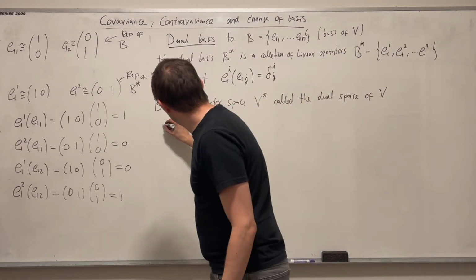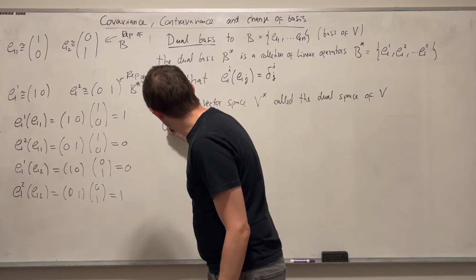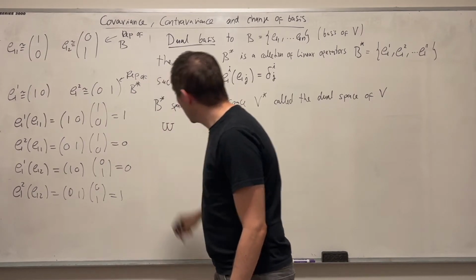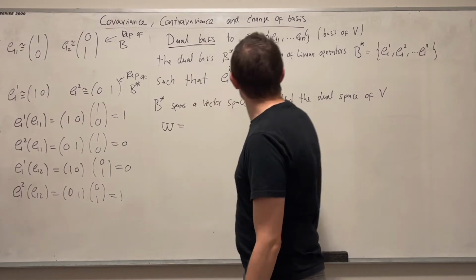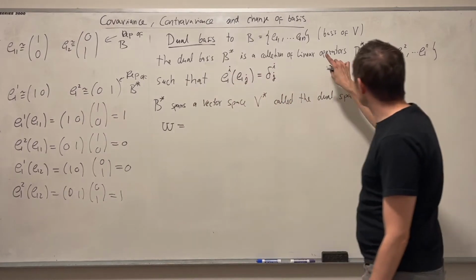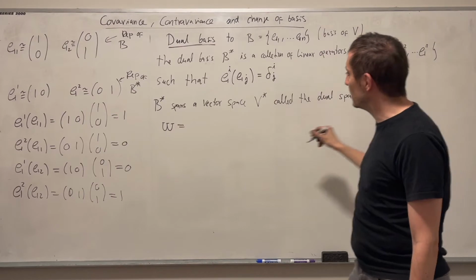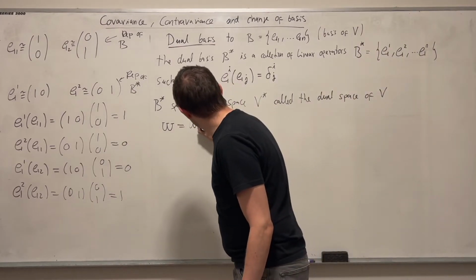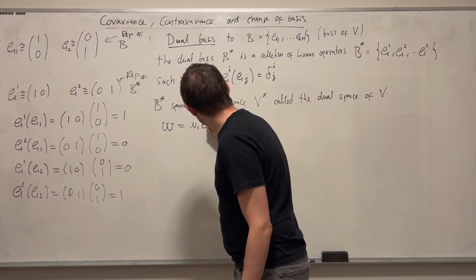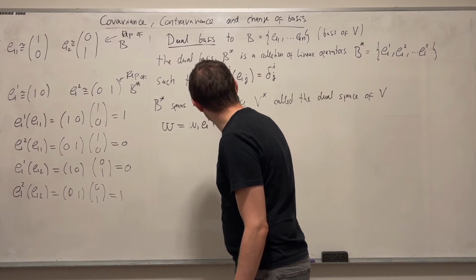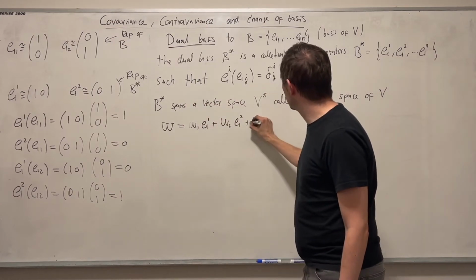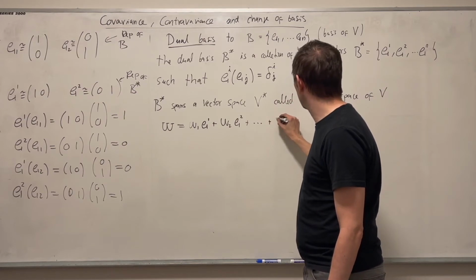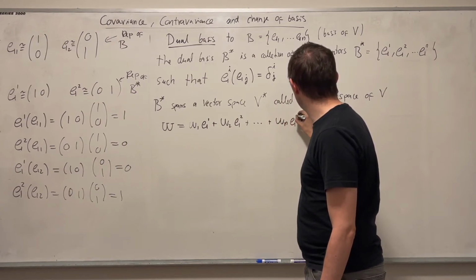All right, we can define elements of the dual space. Let me call them, for example, omega, and again, no arrows. An element of the dual space will also be spanned by the basis of the dual space, right? So I can write omega 1 E1 plus omega 2 E2, etc., omega n En.